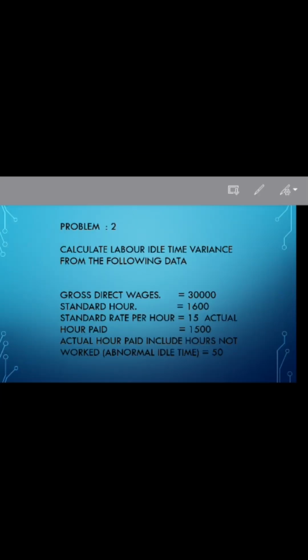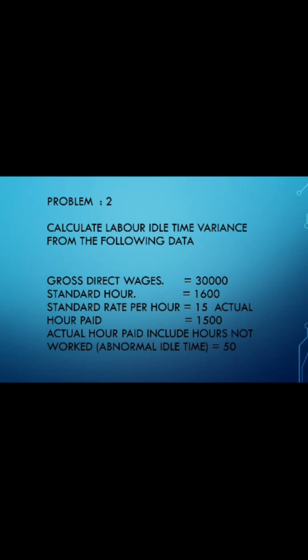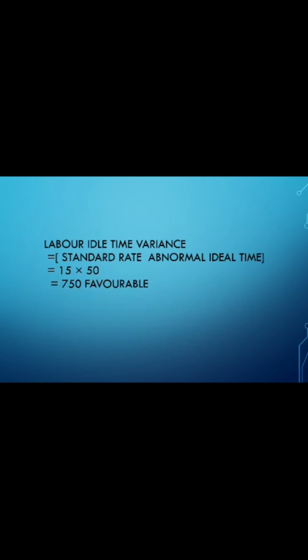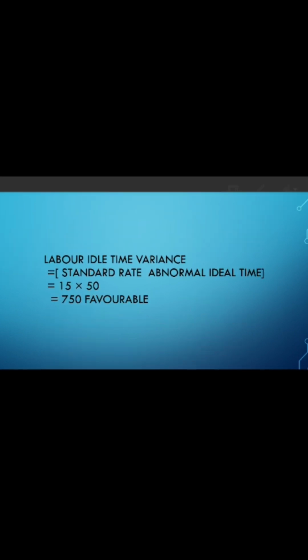In problem 1, we have learned the three: labor cost variance, labor rate variance and the labor efficiency variance. The next one is labor idle time variance. From the following we have to calculate the labor idle time variance. Idle time is the non-working time of the employees. And here we need only two things, that is the standard rate and the abnormal idle time.